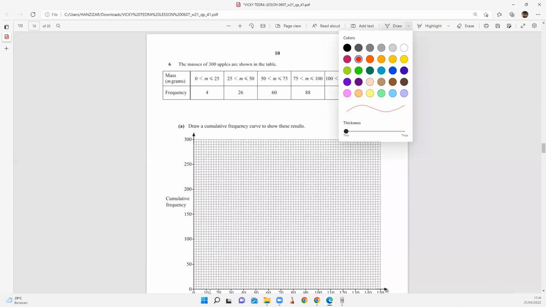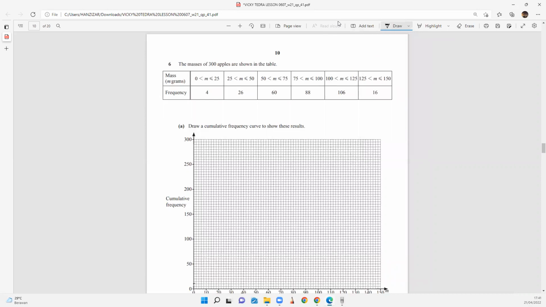So if you look at this, how many points do we have? 1, 2, 3, 4, 5, 6, 7, 8, 9, 10. So each small line is 50 divided by 10 blocks, so 1 unit is 5.